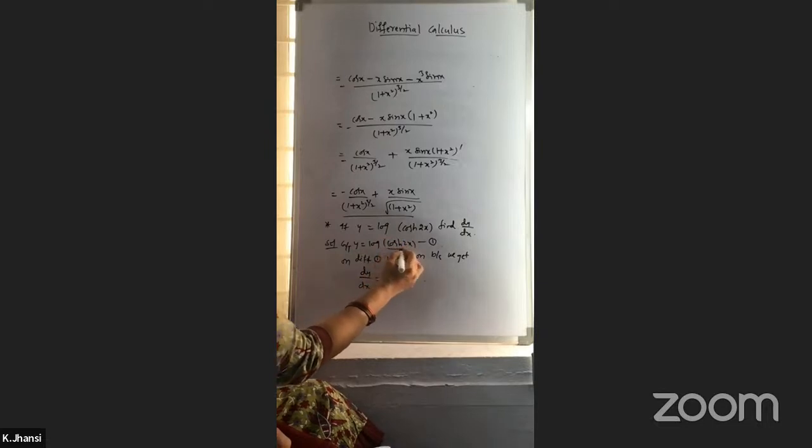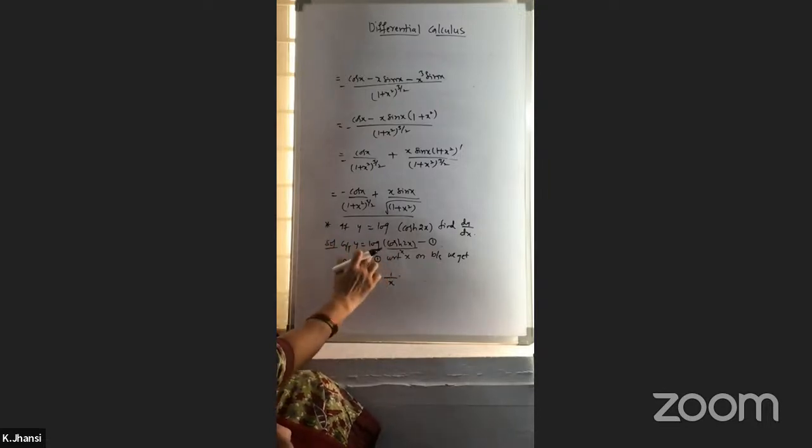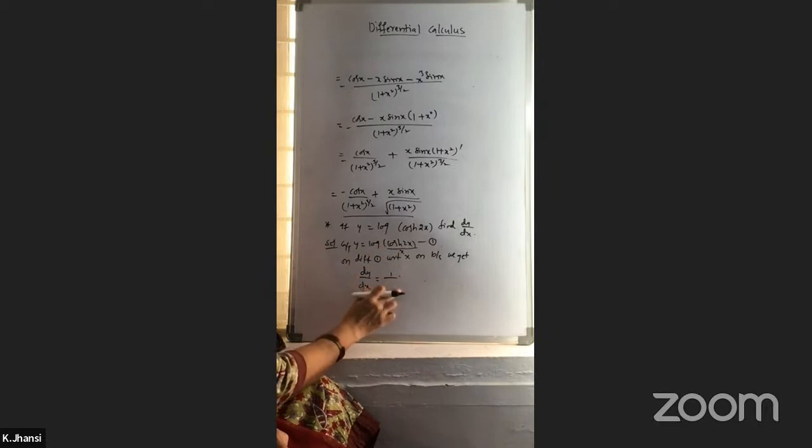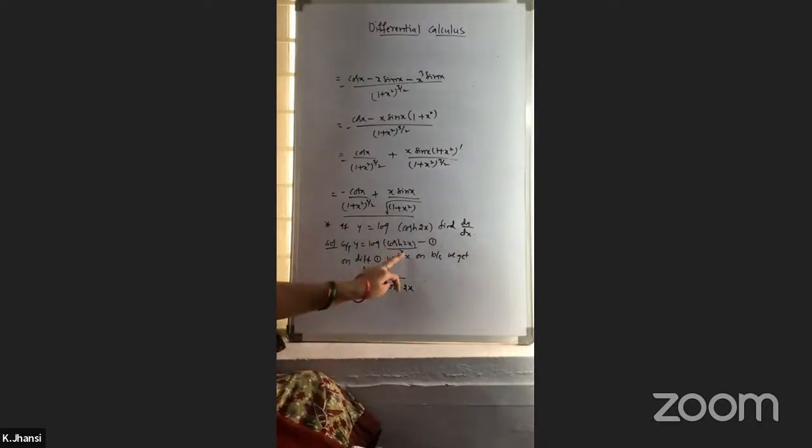Okay, this whole thing first you consider as x. So log x differentiation is 1 by x. In the starting I have told the formula. Okay, so log x differentiation is 1 by x. 1 by x means instead of x, what we have here? That is cos h 2x. Okay, and here only if x is there means 1 by x is enough.